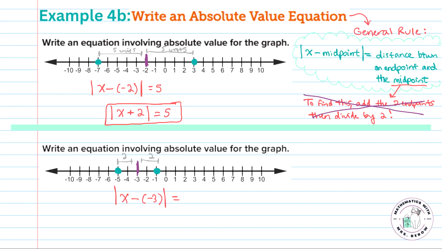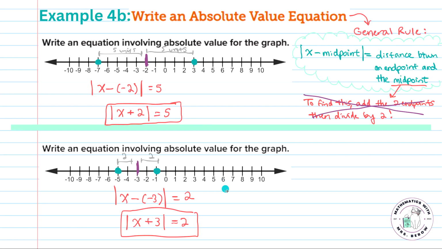And this is going to equal that distance from the endpoint to the midpoint. So we clean this up. This is going to be the absolute value of x plus 3 equals 2. So there's a couple of examples of how we set up that absolute value equation when either one of the solutions is in the negatives, or maybe both of them are.